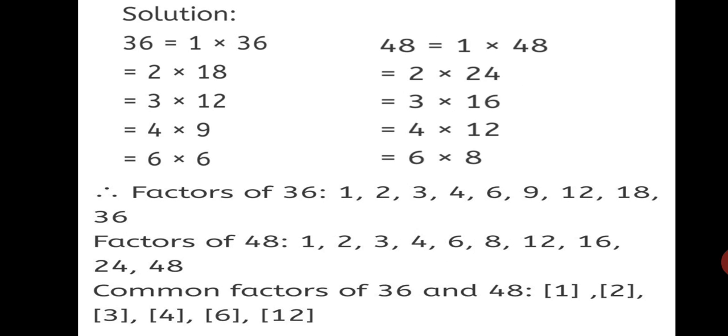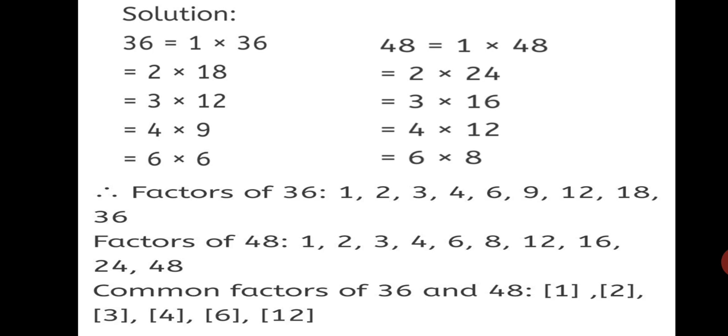So like this, in rough you will always solve these factors. To find factors you will write as many multiplications which give you 36 as the answer. Similarly you will do with 48. You will begin with 1 into 48. Then if it's an even number you can take 2. 2 into which number? So you will have to divide 48 by 2 and check. You will get 24.